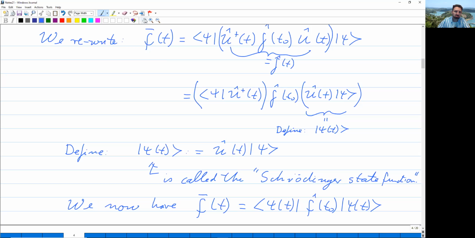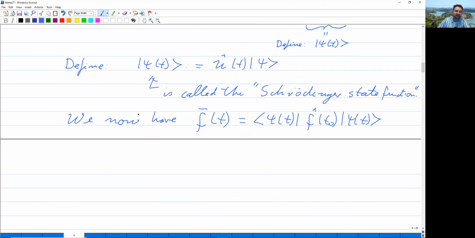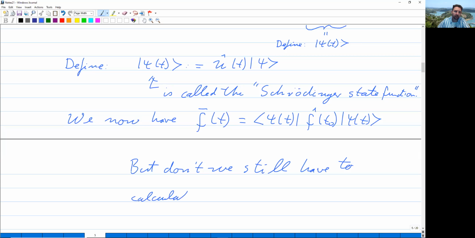But don't we still need to calculate u hat of t so that we obtain psi of t equal to u hat of t psi?